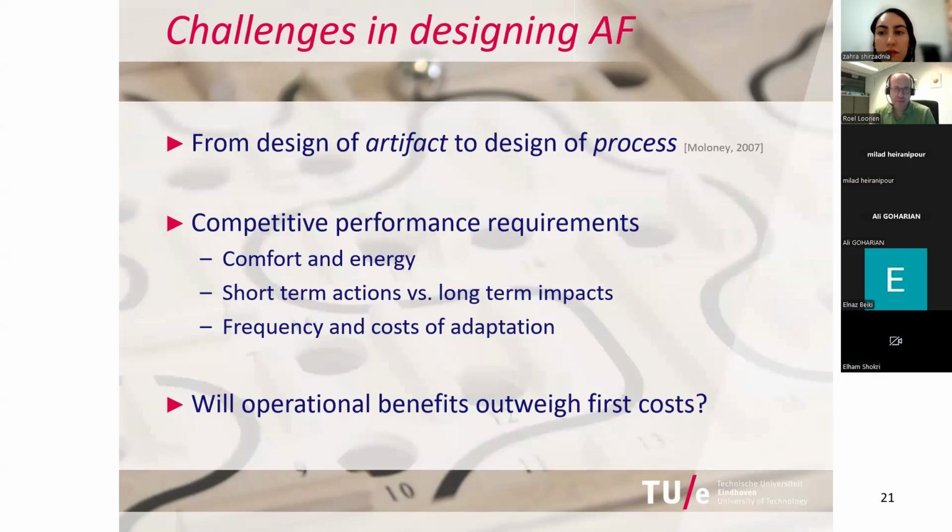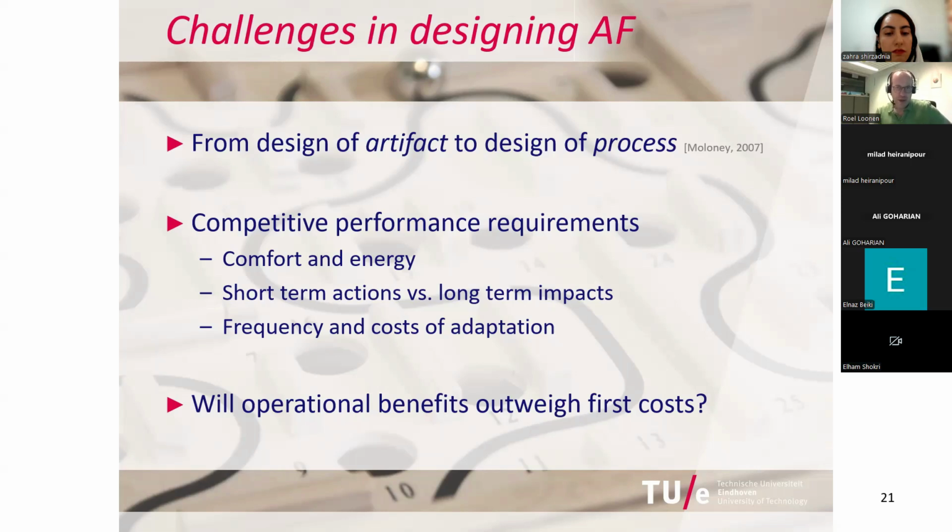So it's really moving from the design of an artifact, let's say a static object, to the design of a process, because we are not only interested in what it looks like and what its properties are, but also how it is adjusted over time, and how the control strategies should be developed. So this is a major point of attention that is not that easily done, but very important.